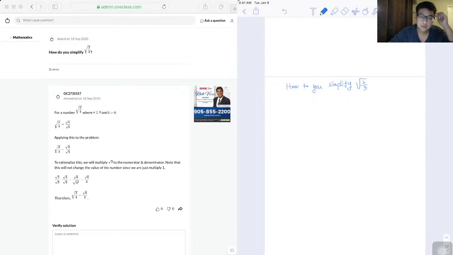So for these questions, the first thing I want to mention is that if we're given a root square of a fraction, and the numerator has to be greater or equal to 0, and the denominator has to be greater than 0, we can rewrite it as root a over root b.